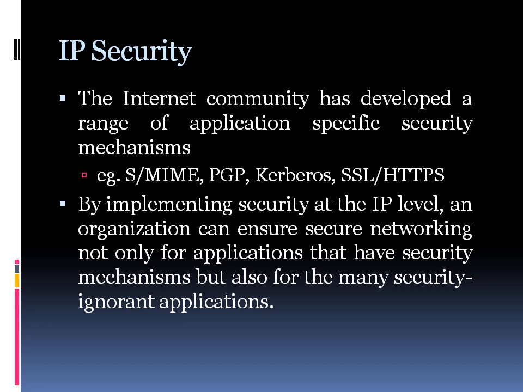In simple words, it is a protocol suite which provides secure communication between two computers over a particular network. To achieve this, the Internet community has developed a range of application-specific security mechanisms, the examples being S/MIME, PGP, Kerberos, SSL or HTTPS, which we have already seen in the previous module.